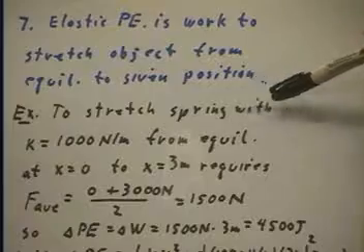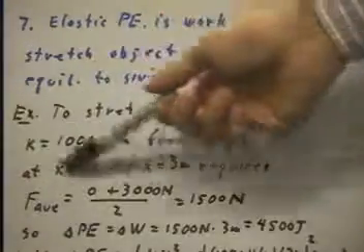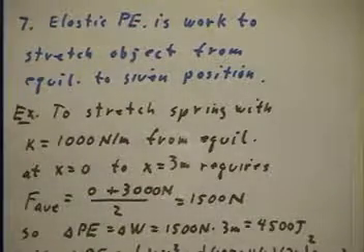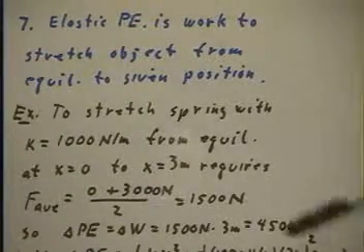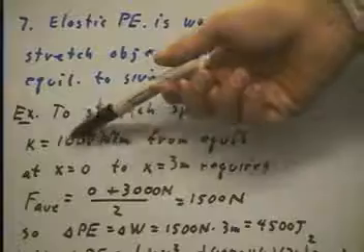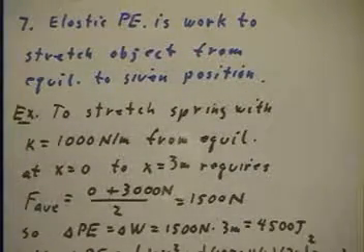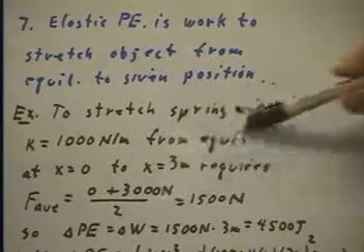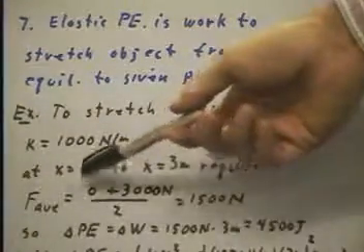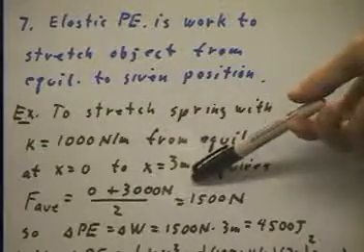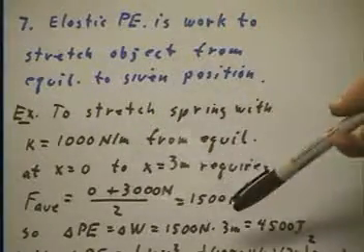Again, it's a potential energy to stretch the spring, or whatever it is, from equilibrium to a given position. A spring has a force constant, which is a number of newtons per meter that we experience as we stretch it. If we stretch the spring a meter, we get 1,000 newtons of force. We stretch it 1/100 of a meter, we get 1/100 of that, or a 10 newton force. Then from its equilibrium point, at x equals 0 to x equals 3, at 3 meters we have 3,000 newtons of force.